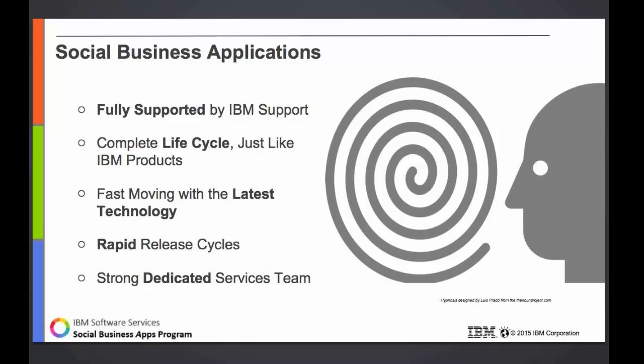All the apps in the program have the full support of the IBM technical team or our business partners. And the services team is able to use the latest technology to deploy and customize solutions to fit specific customer needs. The goal of the program is to balance, or complement, the maturity of the IBM software products with the agility to enhance them to provide additional value to our clients.